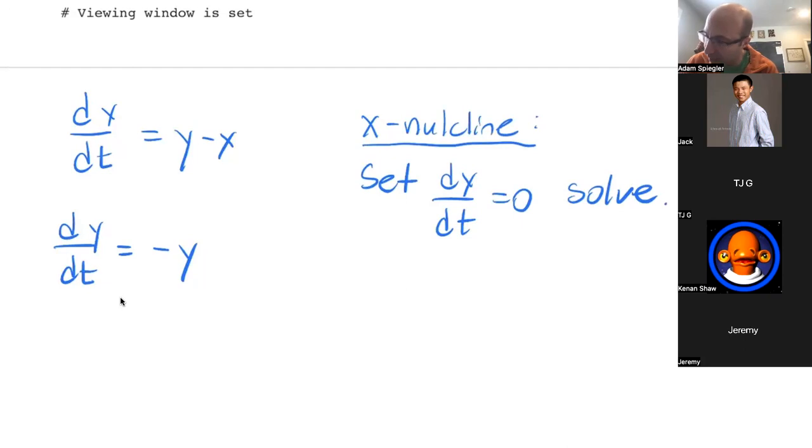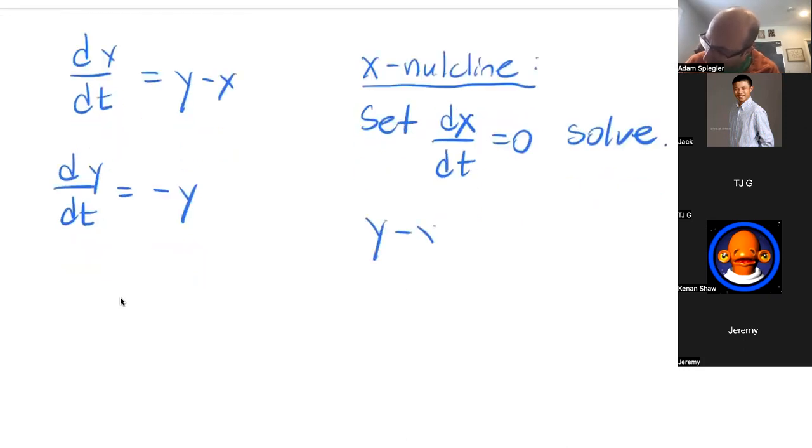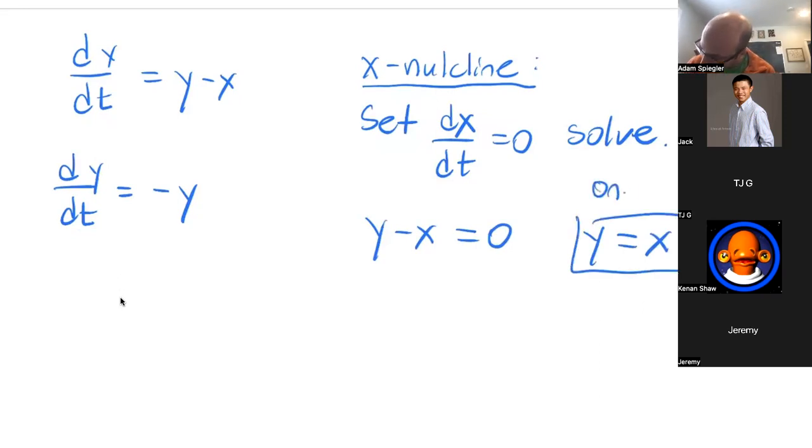So in this case, we're going to take dx dt, set it equal to 0 and solve. So we get the solution y equals x. So that gives us one x-nullcline.